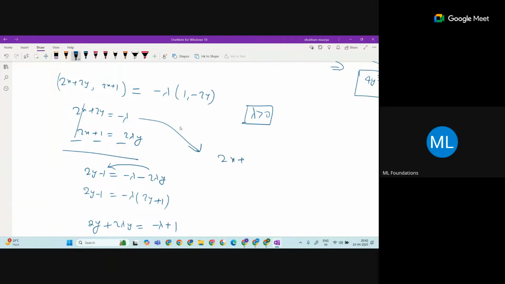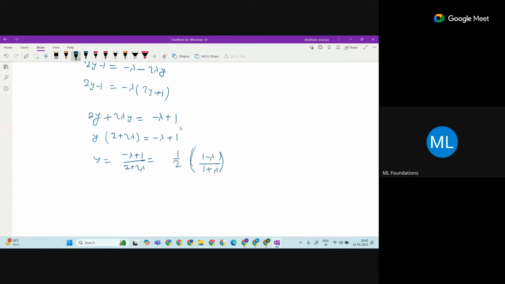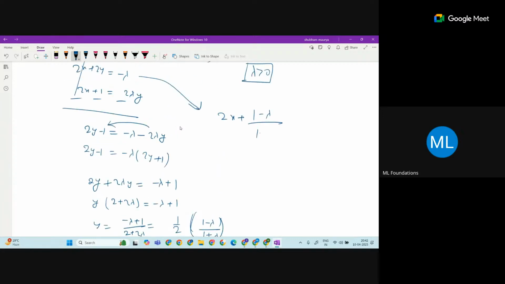So 2y is 1 minus lambda over 1 plus lambda, and this is minus lambda. So 2x is equal to, if we send this side, 1 minus lambda over 1 plus lambda plus lambda, or x is equal to 1 by 2 of all this. If you find the lambda value, then we'll get 2x.